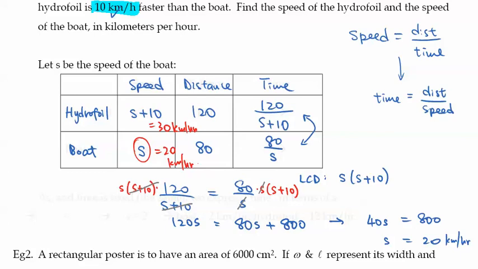This is how we set up the question using a table, and for the first two columns, you will be able to identify that information from the question itself.